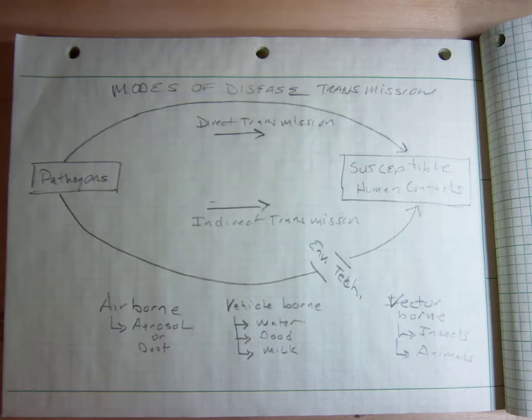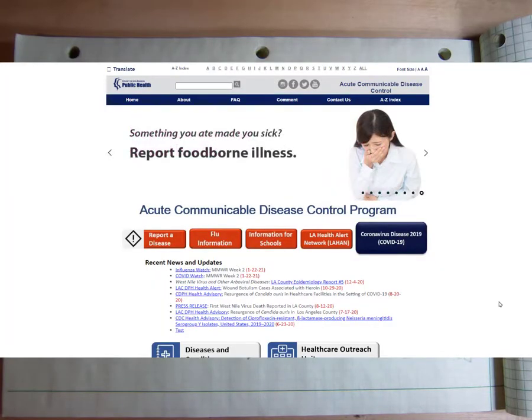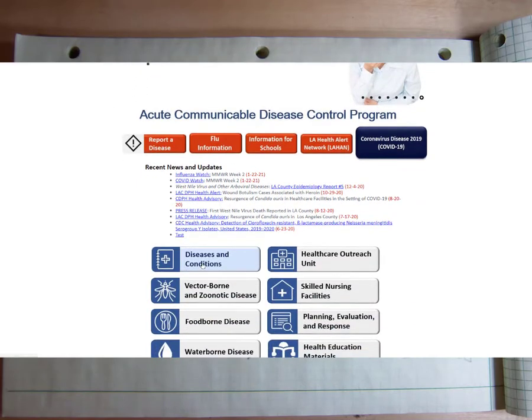Under direct transmission, such as a droplet or spray, which is within less than a meter, you can get direct transmission of a pathogen to a human. An indirect transmission can occur, let's say, airborne, vehicle-borne, or vector-borne to the human subject and cause disease.